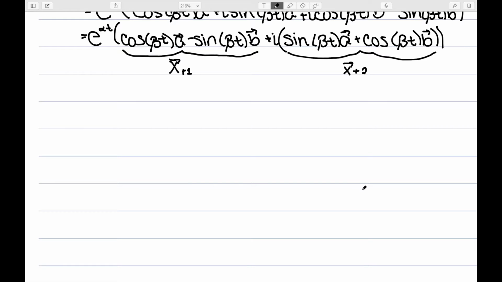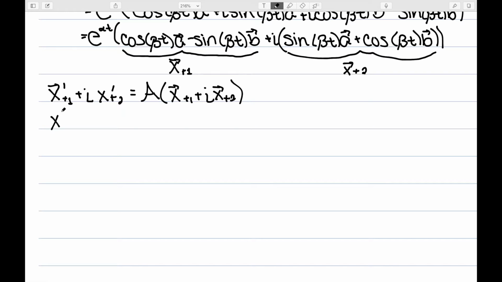If we go down a little bit, this should satisfy my differential equation. So if I have my first vector, its derivative, plus i times the derivative of the second vector, it should be equal to A times this thing right here, which is the first one plus i times the second one. I can multiply out that right-hand side, so the left-hand side stays the same.